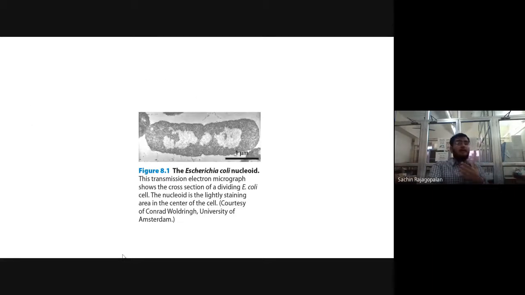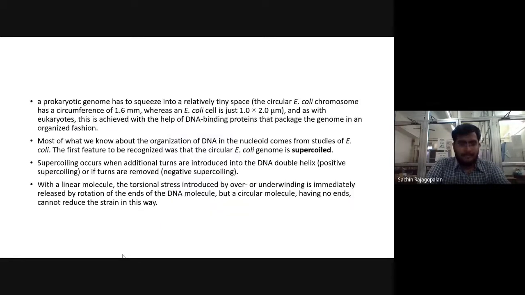But there are going to be a few differences here and there when you compare prokaryotic genomes themselves. Now, this is a transmission electron micrograph that you can see, which shows the cross section of a dividing E. coli cell. You can see that the lightly stained region is nothing but the nucleoid. That is indicating the presence of the nucleoid in the E. coli cell.